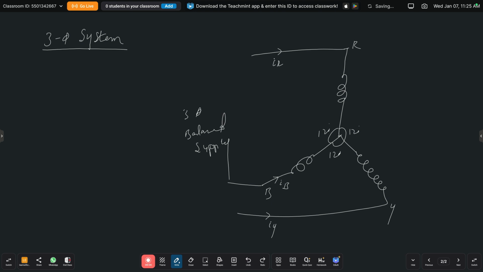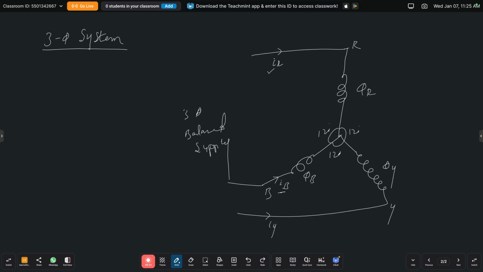Whenever current is flowing in a coil, flux will be produced. IR produces flux phi R in the R coil, IY produces phi Y in the Y coil, and IB produces phi B in the B coil.